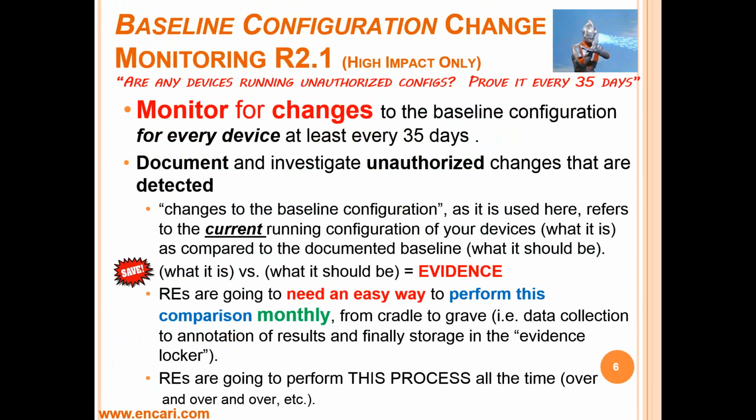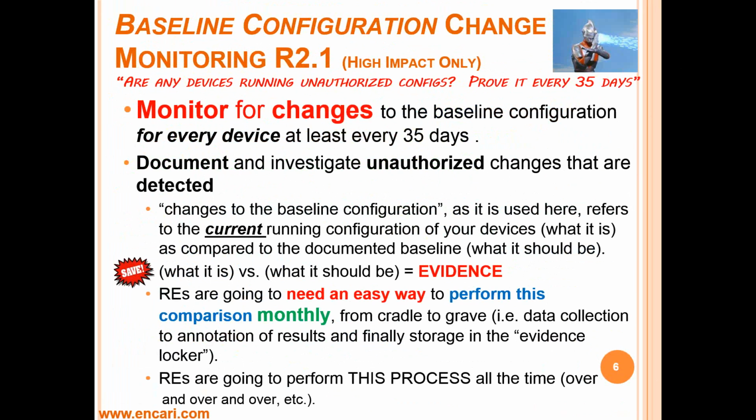Yeah, I think one of the most important aspects of this consideration is that we're going to be doing this all the time. We're going to be doing this monthly. And basically, we need to make sure that there are no unexpected changes for all those baseline elements.